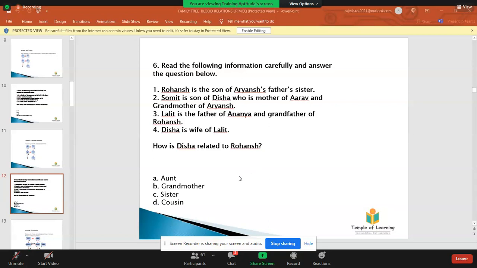Please tell me. Grandmother, grandmother. Priyanka, Simran, Abhin, everybody is saying grandmother.